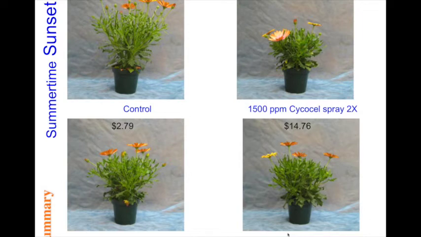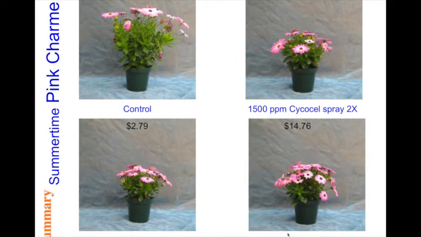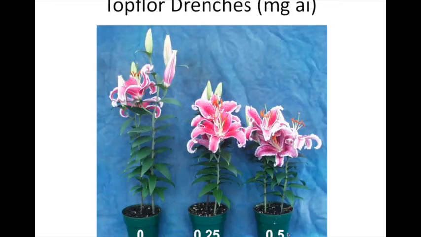You're kind of synching it, is what you're doing. So when cold temperatures began, a 1 part per million drench was added, and then when we increased the temperatures after about a month, I believe, we added another one. So Topflor worked great. Sumagic works for a drench, with a more responsive effect here with the Pink Charm, where you can see the effects going on. So very much a suitable application method.